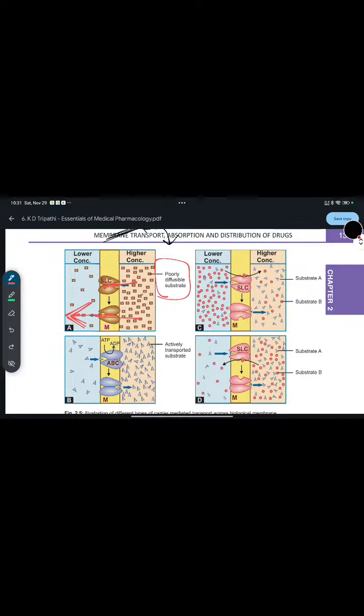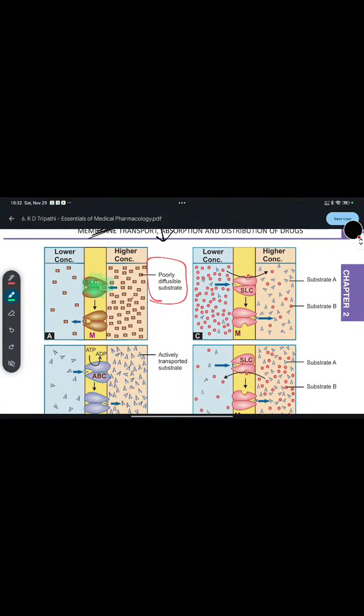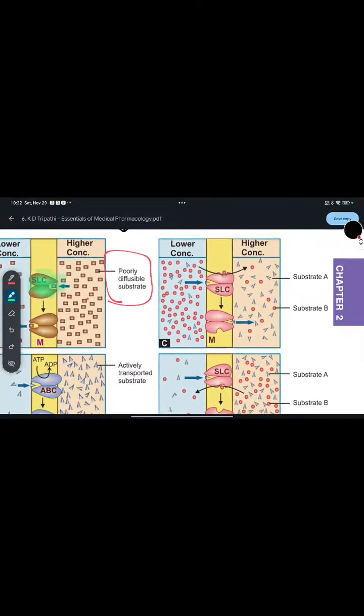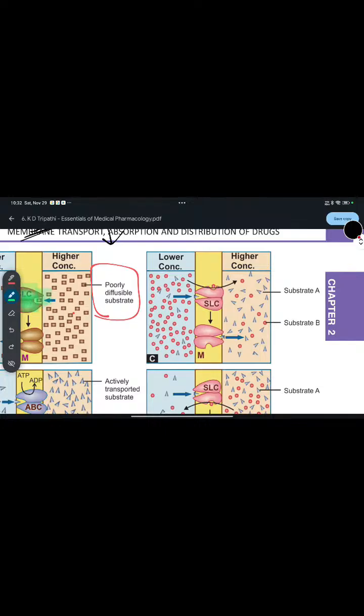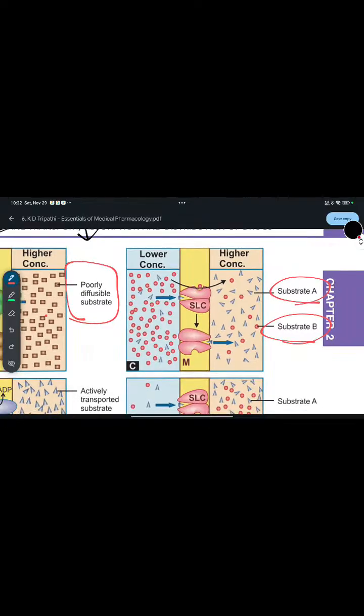After release of substances from one side to the other side, the carrier transporter will be reactivated, and it will undergo conformational change, and it will go to its original position. Okay. And here, if you see that there are two substrate, one is substrate A, another one is substrate B, then that carrier channel is specific.